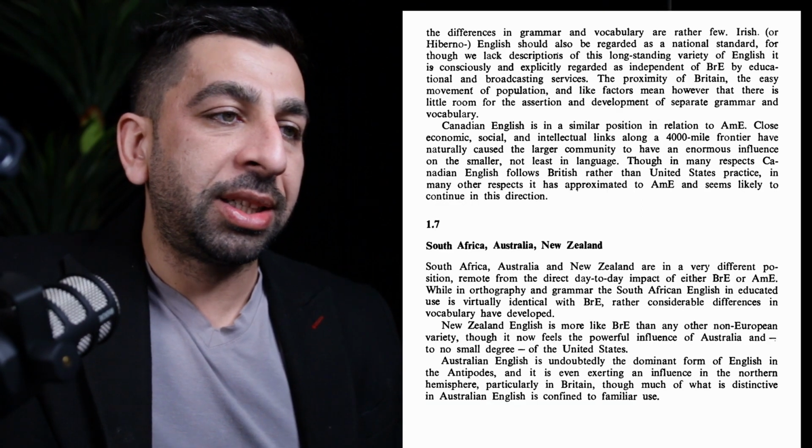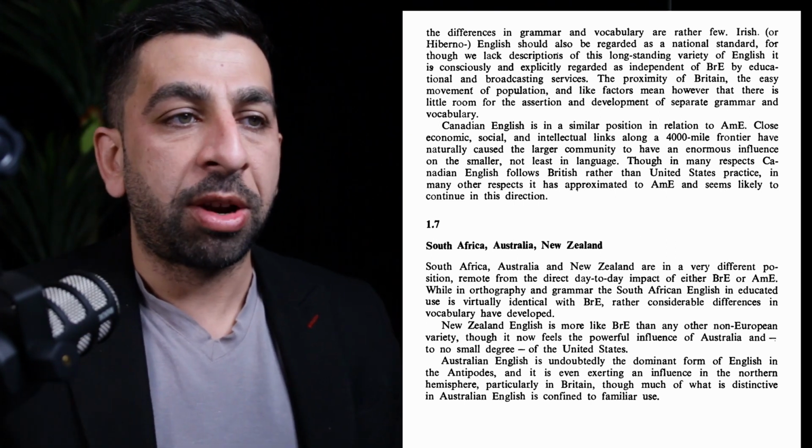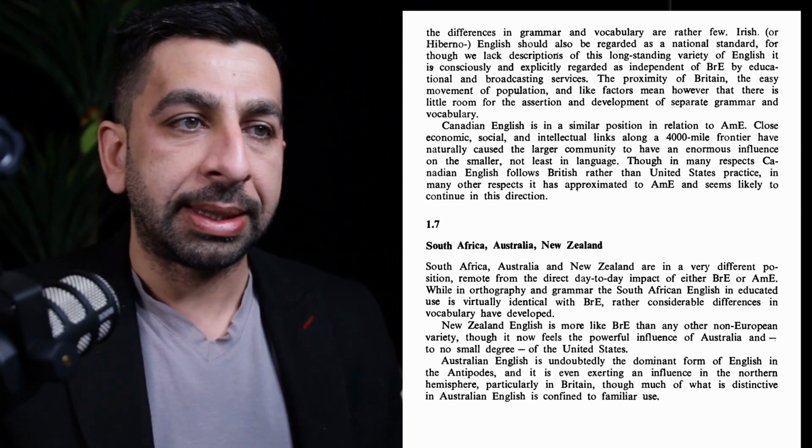Scotland, Ireland and Canada. Scots, with ancient national and educational institutions, is perhaps nearest to the self-confident independence of British and American English. I think Scottish English is very difficult to understand. Now we come to it: the differences in grammar and vocabulary are rather few, very few.